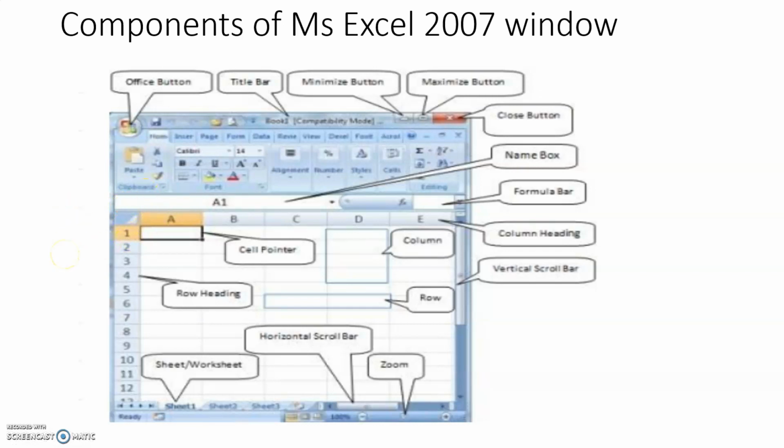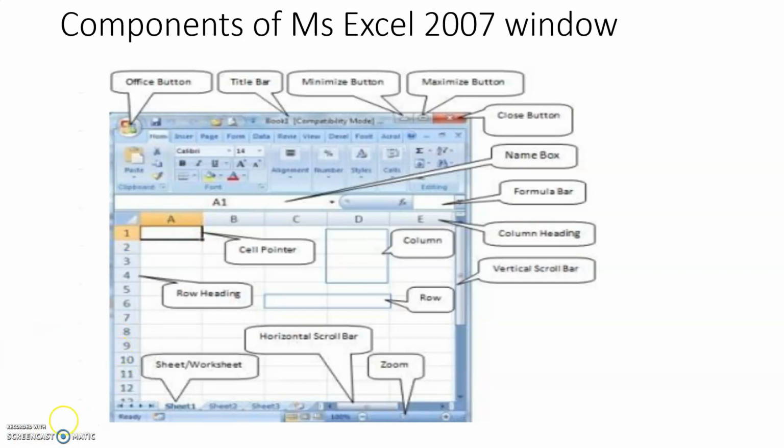Intersection of rows and columns forms a cell. The first cell is the active cell. Each cell has a cell address.